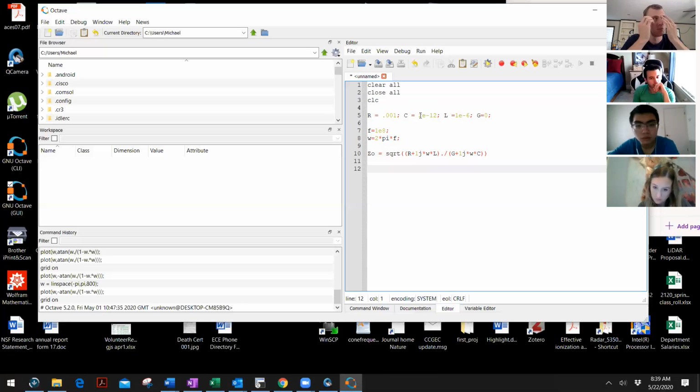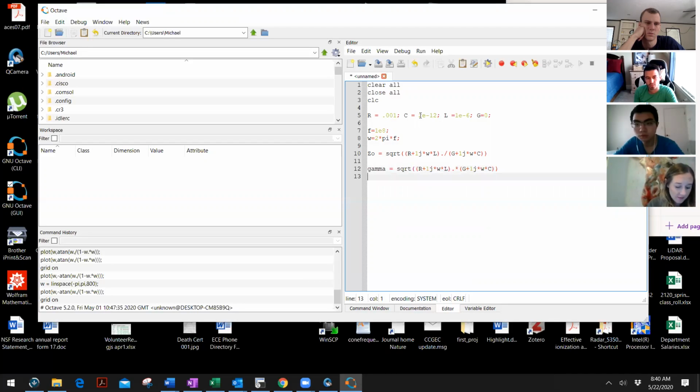And then I have to define gamma. Gamma is equal to a square root of R plus 1j times omega times L times G plus 1j times omega times C. I'm going to put another bracket right there. And that's gamma.